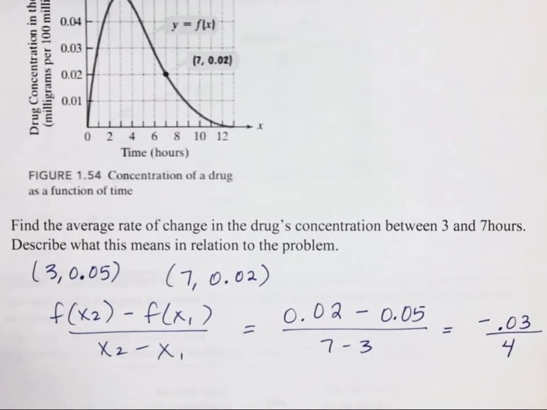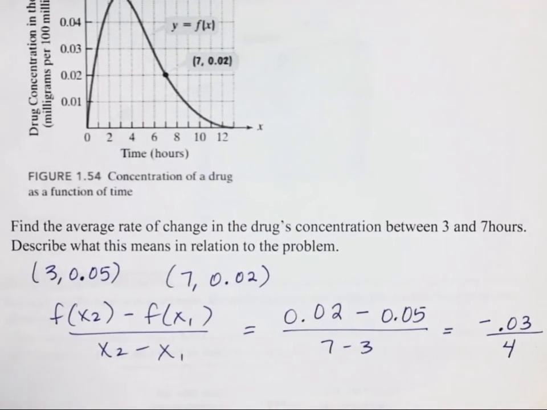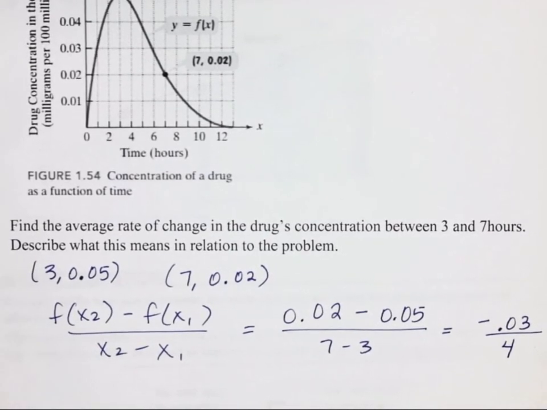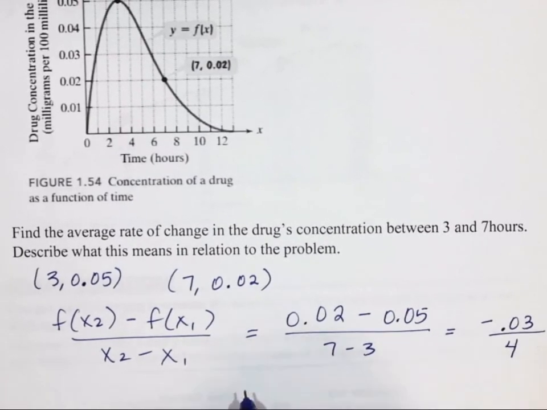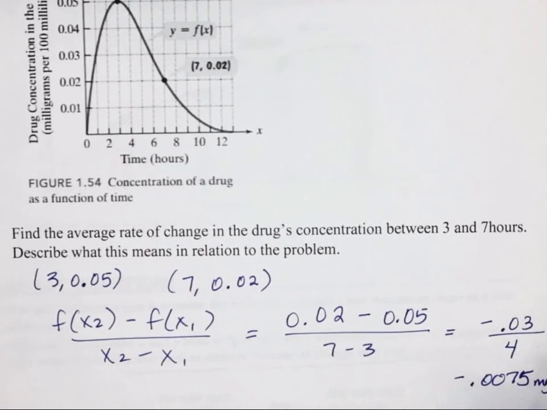Type that in your calculator. So this is going to give you negative 0.0075 milligrams per 100 milliliters per hour that it's changing.